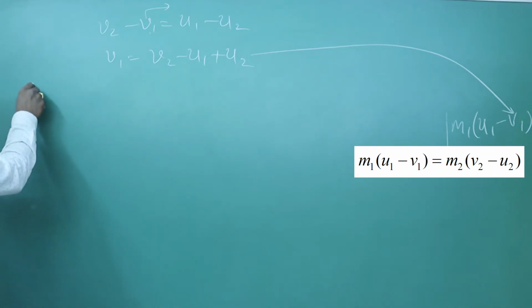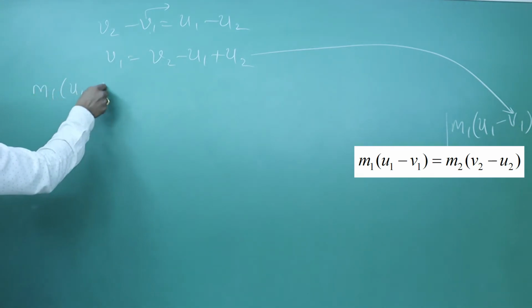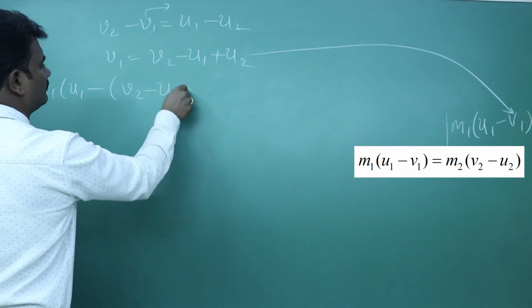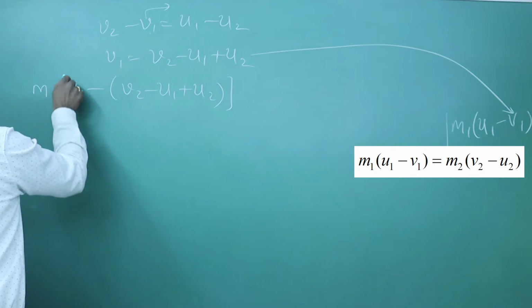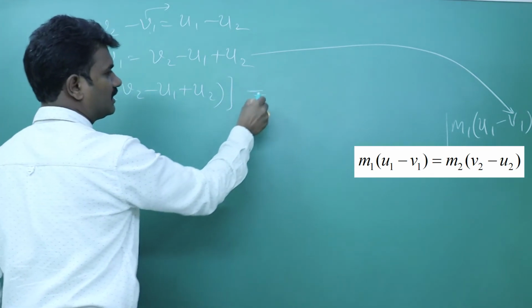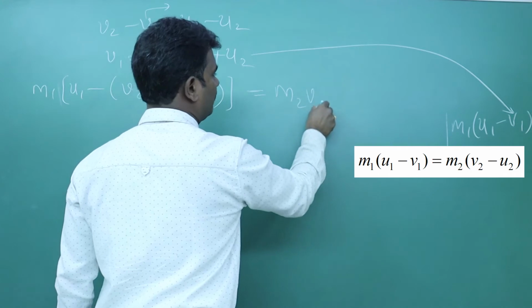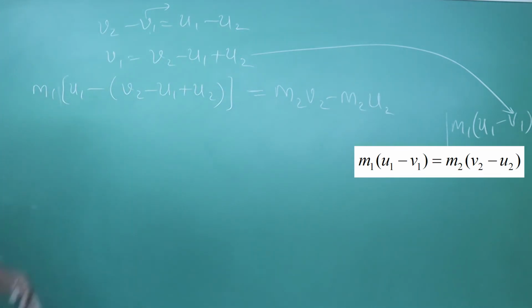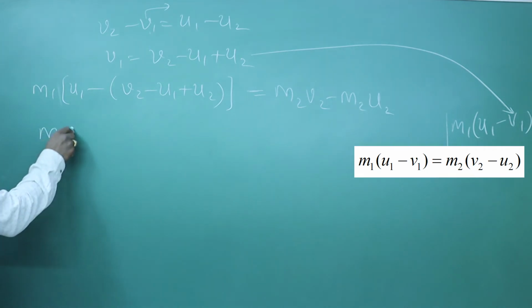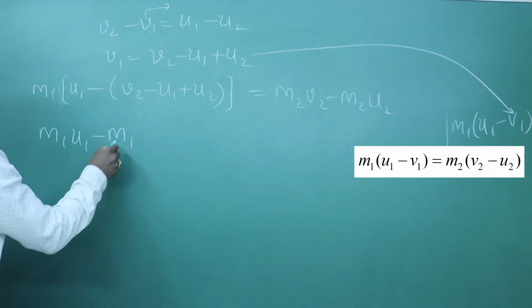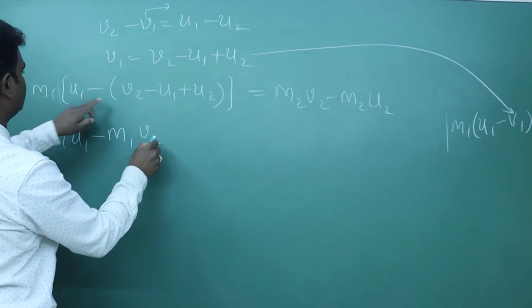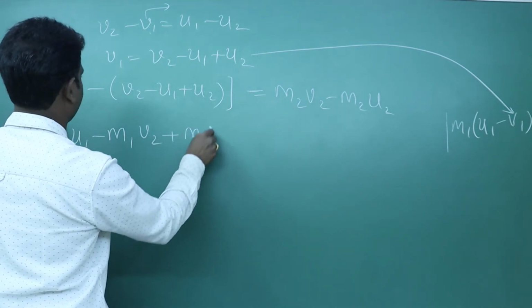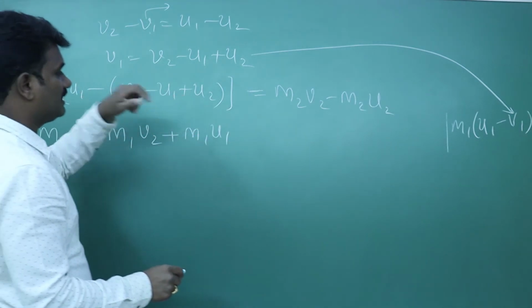So that is m1 into u1 minus, instead of v1 I can place this, is equal to m2 v2 minus m2 u2. Upon expanding this, it is minus of minus plus, minus into plus minus.